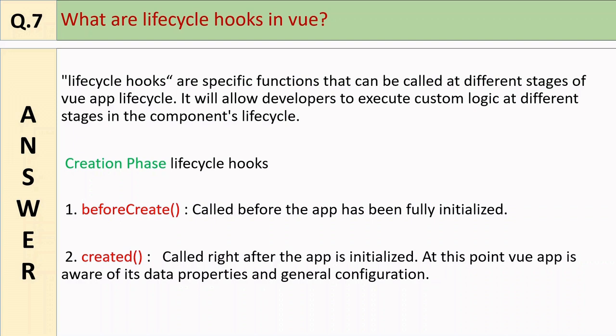Creation phase lifecycle hooks are beforeCreate and created. beforeCreate is called before the app has been fully initialized. created is called right after the app is initialized. At this point, the Vue app is aware of its data properties and general configuration.